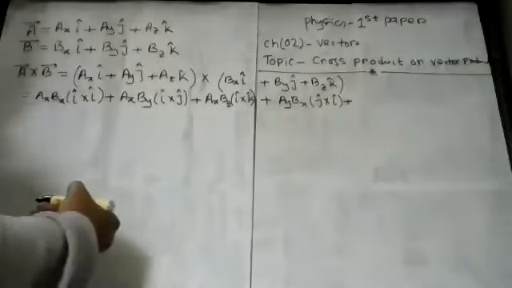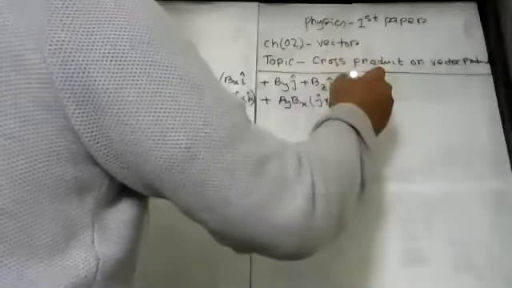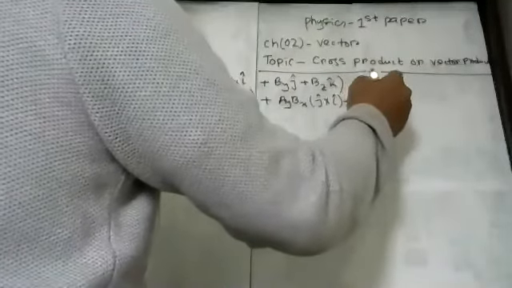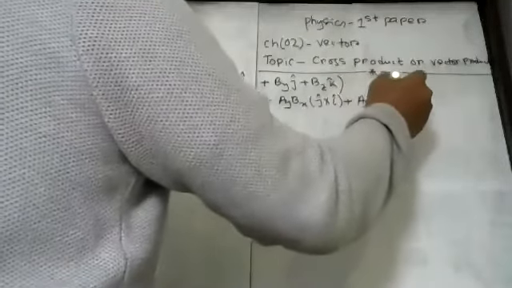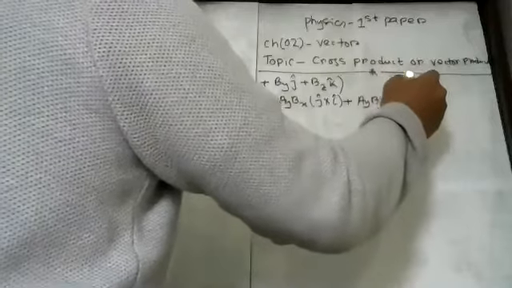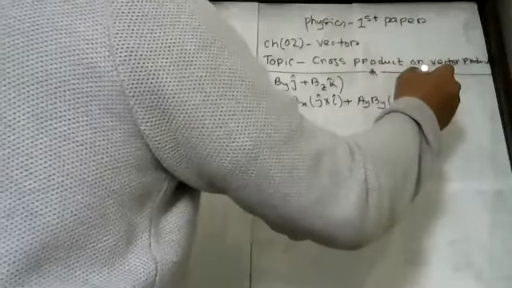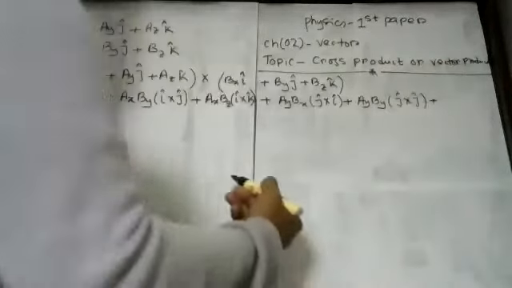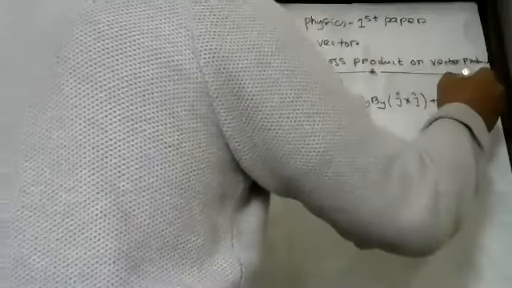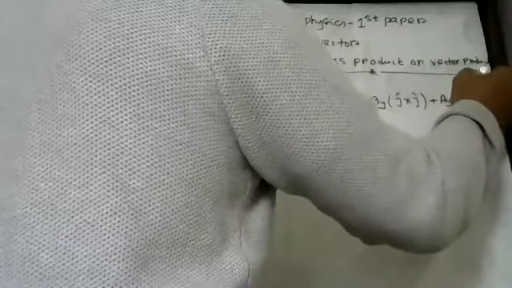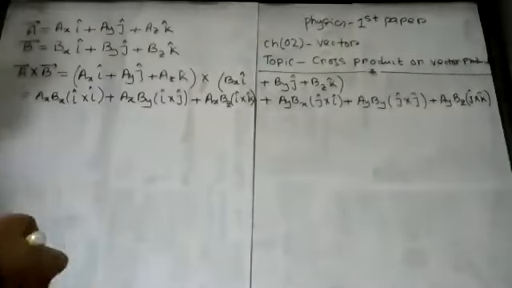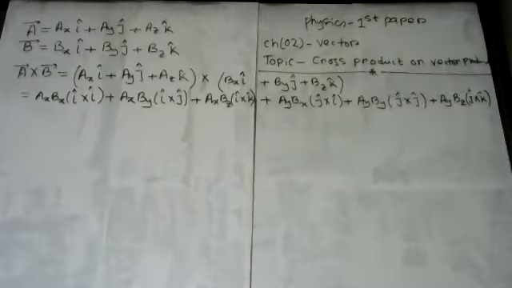Plus ay by, and this is j hat cross j hat. Plus ay bz, multiplied with j hat cross k hat.